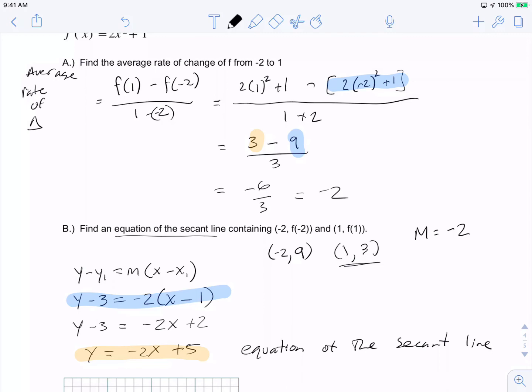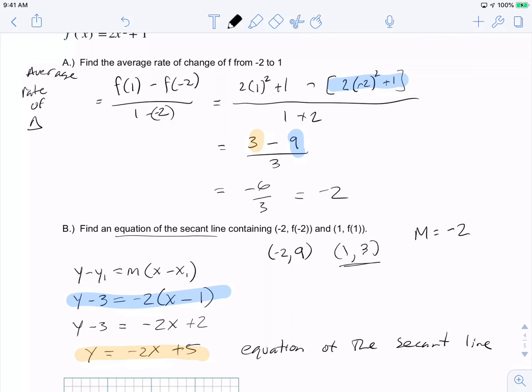It's just in point slope form. Most people get picky and they want the slope intercept form. I won't care. Your homework, my lab might. So just to be safe, go ahead and continue to the slope intercept form.